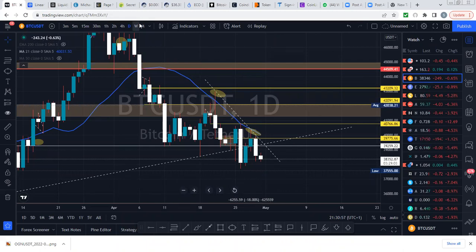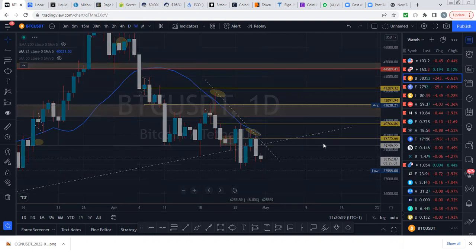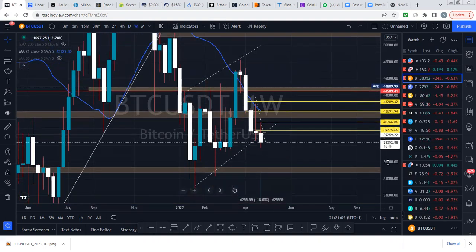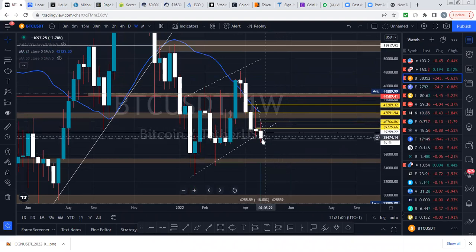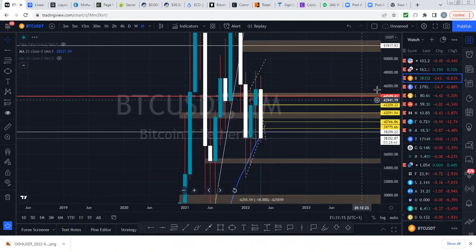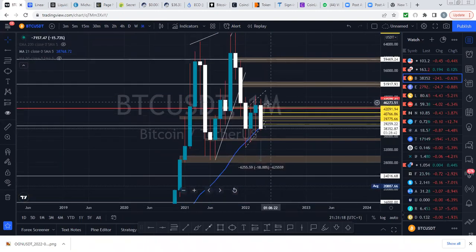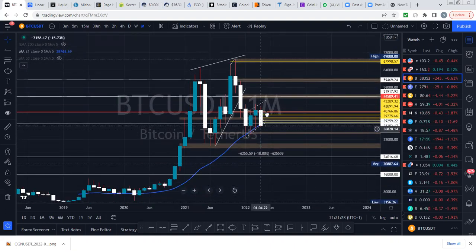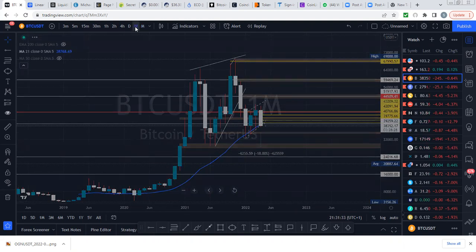If you go to your weekly, one candle represents the whole week. Then if you go to monthly, one candle represents 1 month. You can see this month now, the whole of this candle is totally bearish.